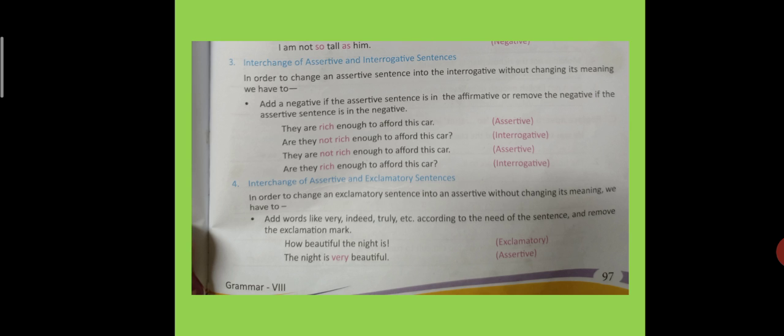For example, how beautiful the night is. This is an exclamatory sentence. But in the next line, it is written, the night is very beautiful. Here, it is adding the word very and removing the exclamation mark, from exclamatory to assertive.